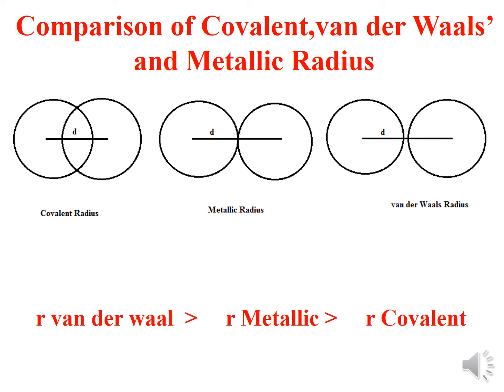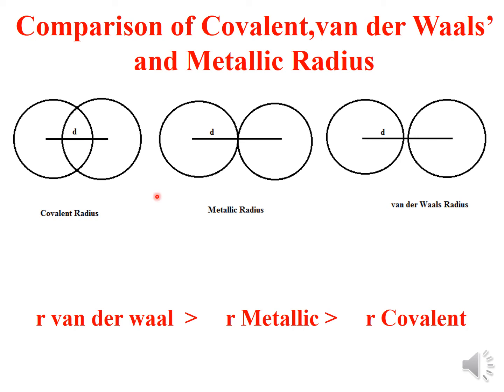As it is clear from this diagram, in case of covalent radius, the atoms form a covalent bond, so there will be some overlapping. Covalent radius is one half of this distance.